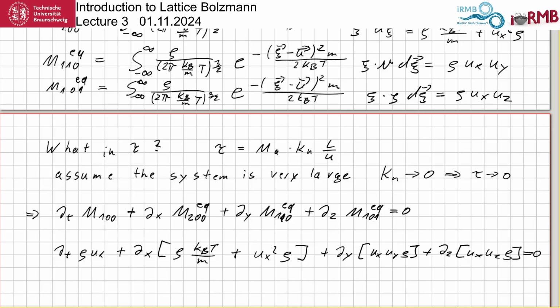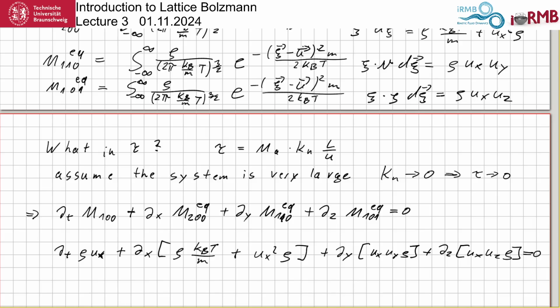In order to understand the equation, we just rearrange it a little bit. We have a time derivative of rho times ux, so of course we have to apply the chain rule to these things.